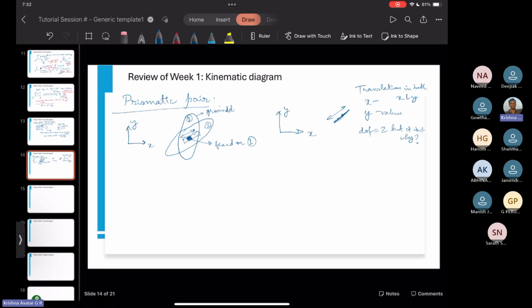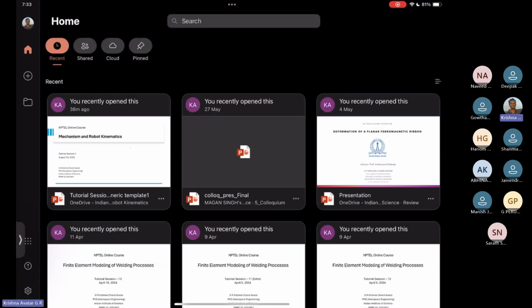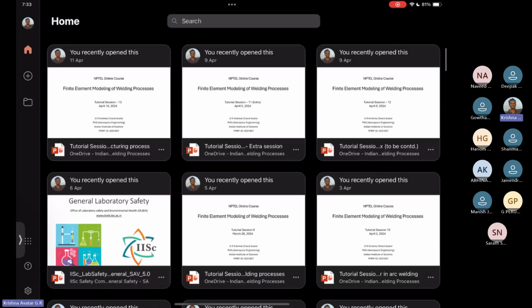How we can explain the situation is, say a body is moving along this direction.